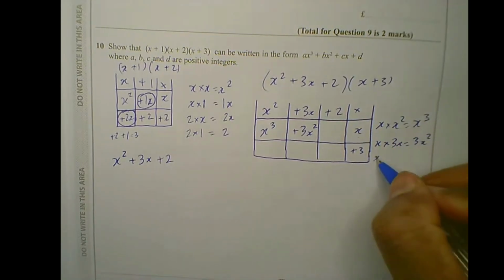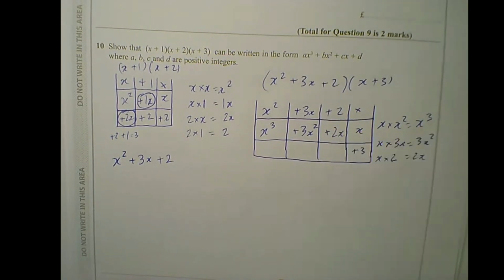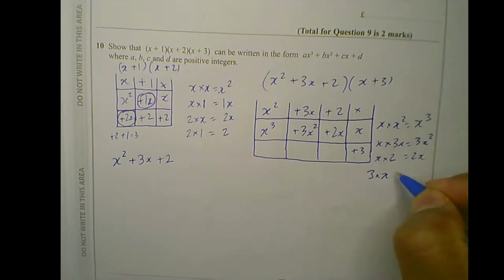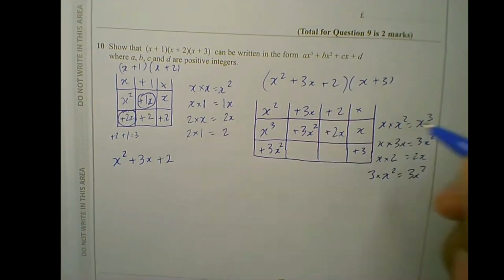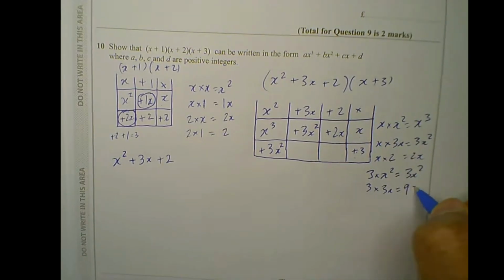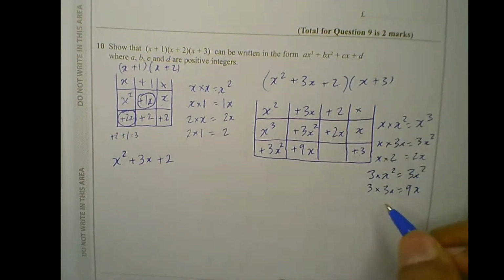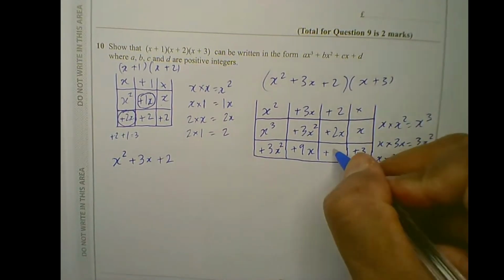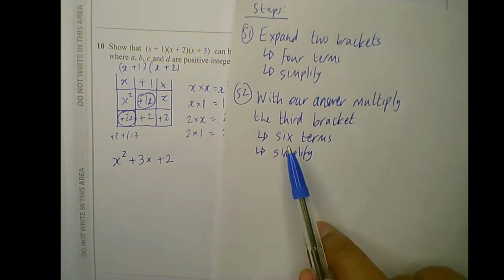X times 2 equals 2x, so it's plus 2x. 3 times x squared, 3x squared plus 3x squared. 3 times 3x there gives me 9x plus 9x. And 3 times 2 gives me 6, plus 6. So you can see with my answer, I've expanded with the third bracket. I've got 6 terms now.